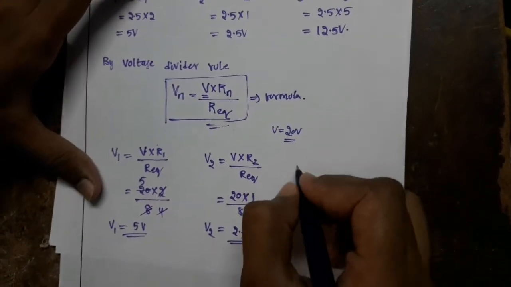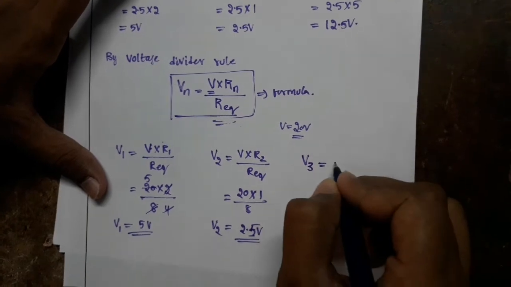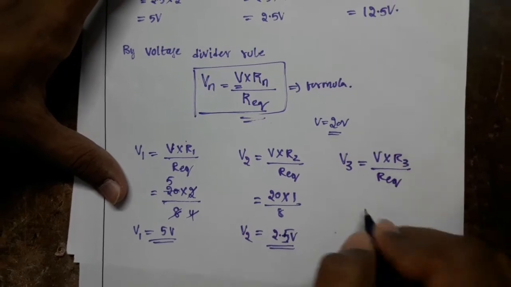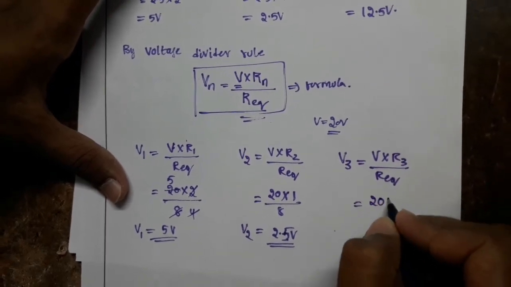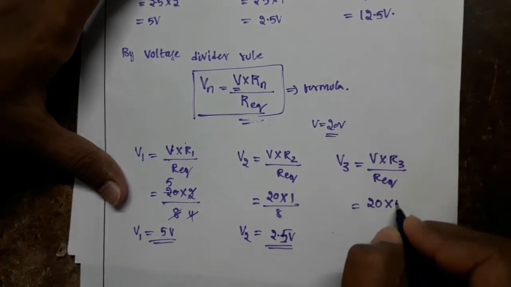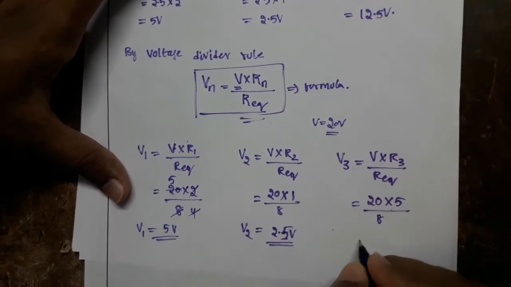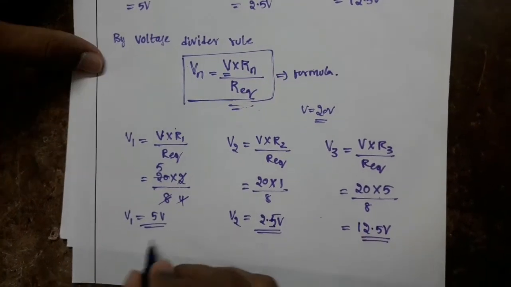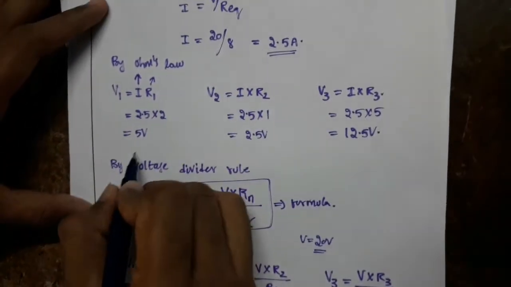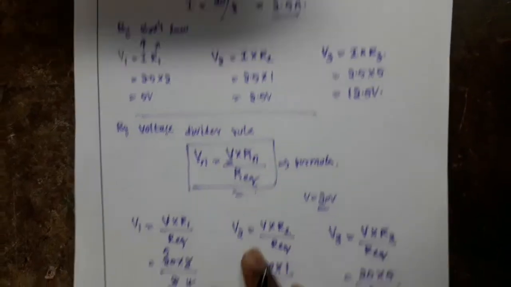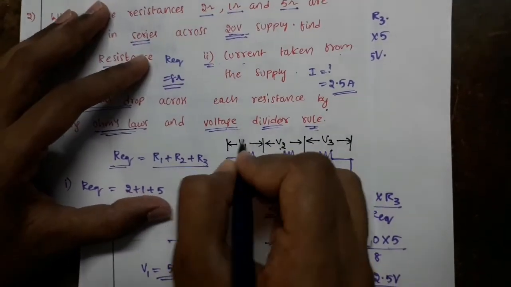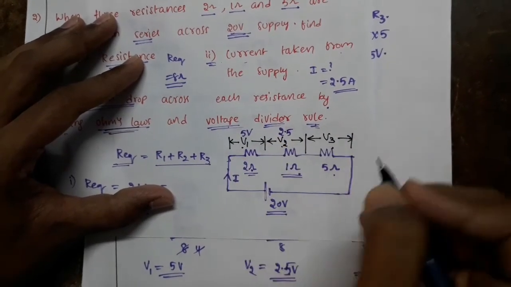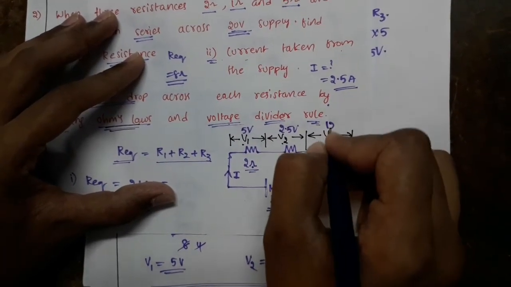Coming to the V3, voltage drop across R3 resistance, V into R3 divided by R equivalent, that is equal to 20 into R3 of 5 ohm divided by R equivalent of 8. By solving this, we will get 12.5 volts. This is by using voltage divider rule, whereas this is by using Ohm's law. So from this we got V1 of 5 volts and V2 of 2.5 volts and V3 of 12.5 volts.